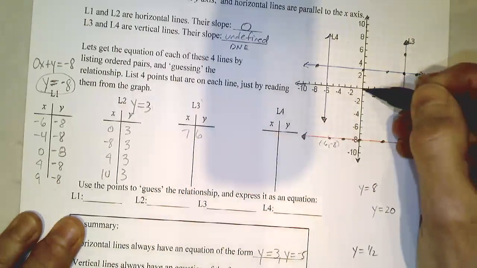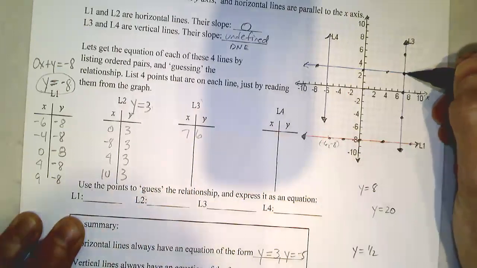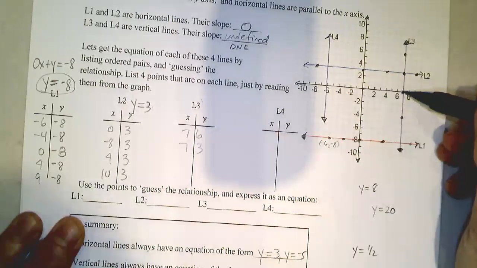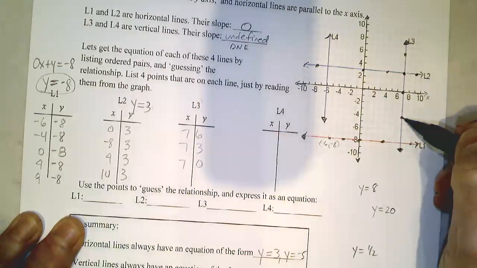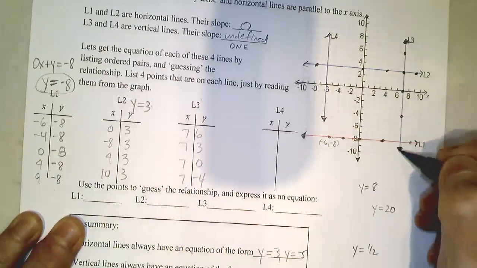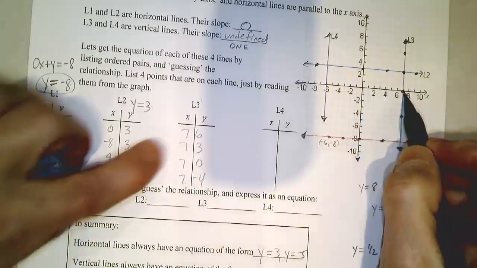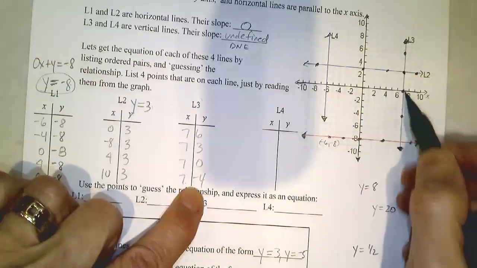This point is over 7, up 3. This point would be 7, 0. This point, 7, -4. You could pick whatever point you want. You're going to have to go 7 units over, and then you'll go up, or you'll go down.